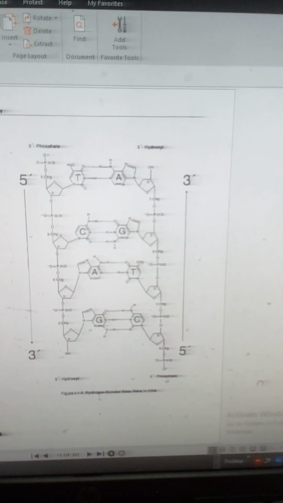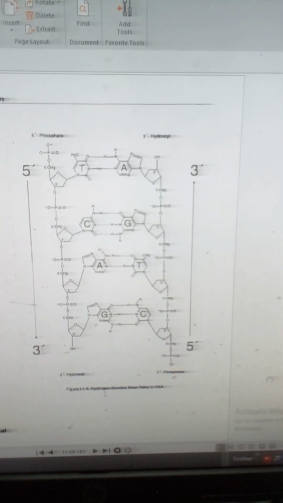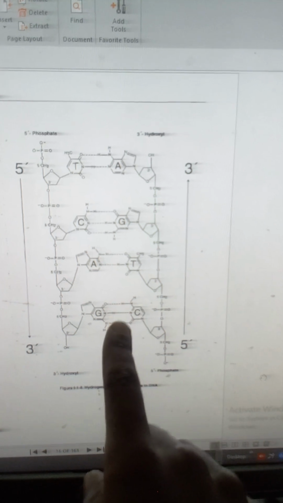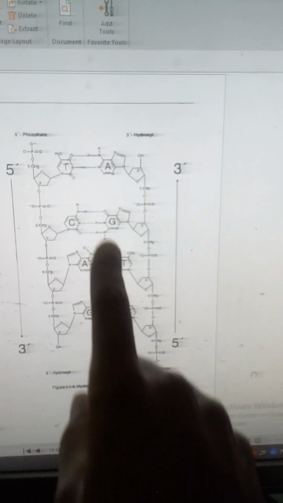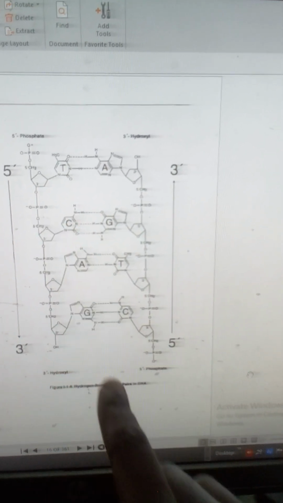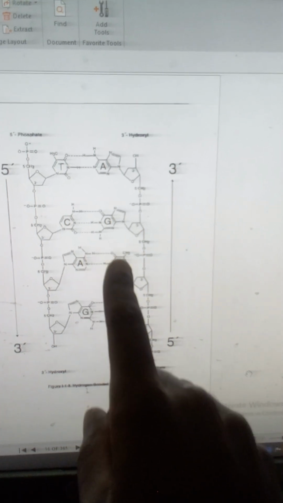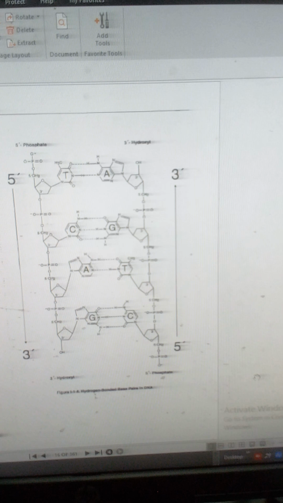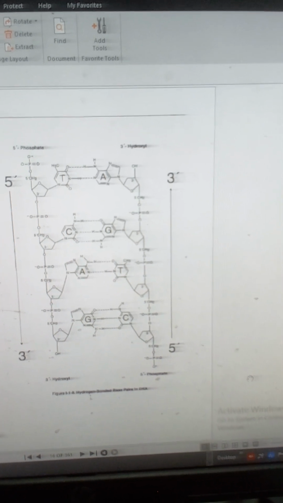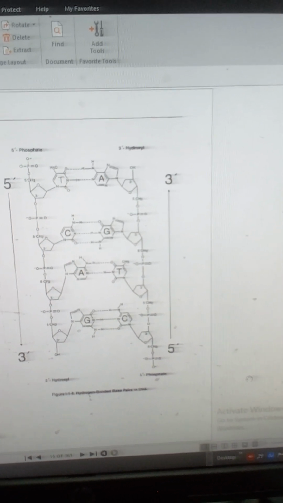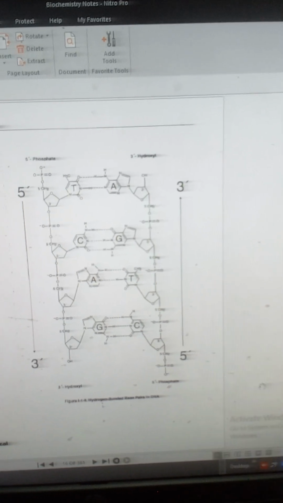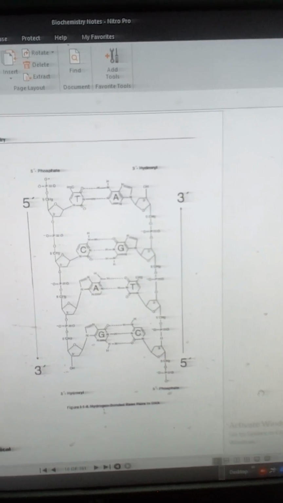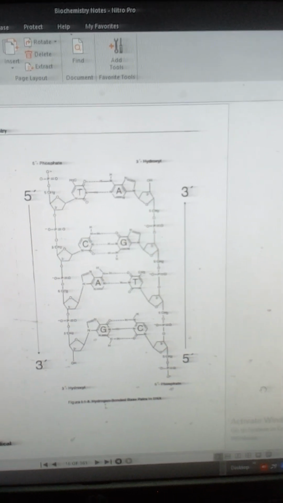Cytosine will always pair with guanine through three hydrogen bonds. You can see here we have three dotted lines when it pairs with guanine. When adenine pairs with thymine, we have two hydrogen bonds. When cytosine pairs with guanine, we have three hydrogen bonds.